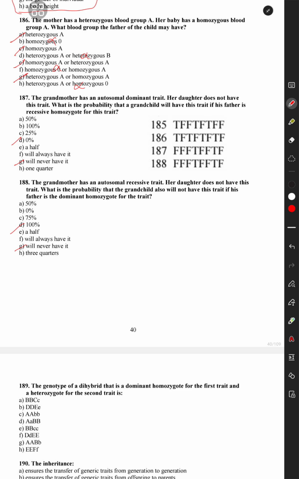Grandmother has an autosomal recessive trait. Her daughter does not have this trait. What is the probability that the grandchild will also not have this trait if his father is the dominant homozygote? Dominant homozygote.